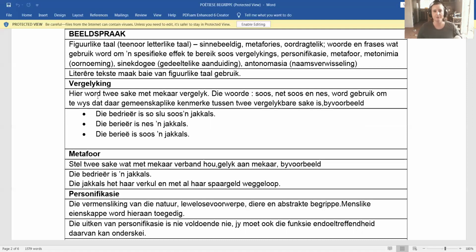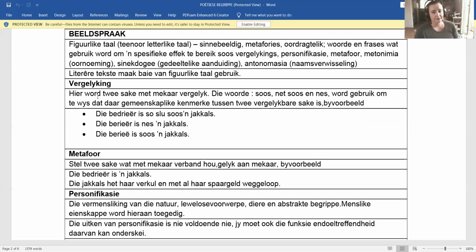For example, if I say that cheetah is just like a jackal, die bedrieger is so slim soos 'n jakkals. That cheetah is as sly as a jackal. Jackals are sly. Is the cheetah really a jackal? No. But he has certain characteristics of that jackal that makes him sly, okay?